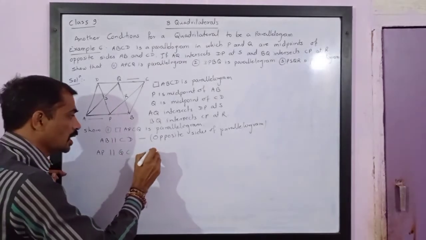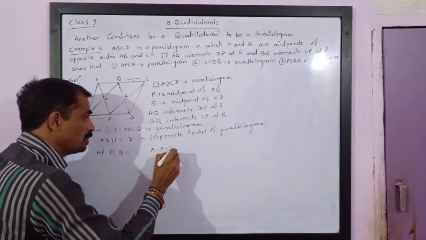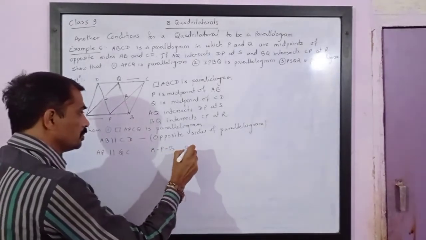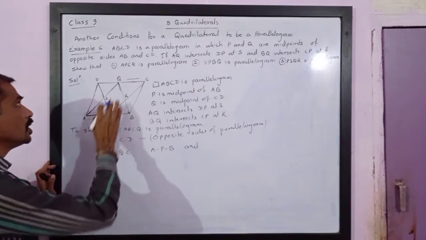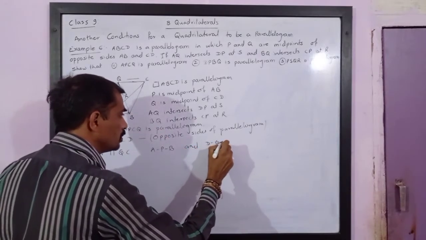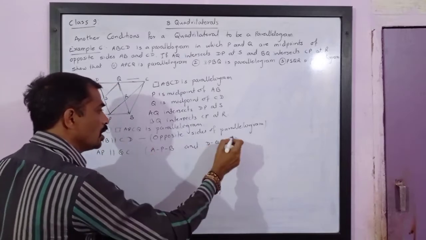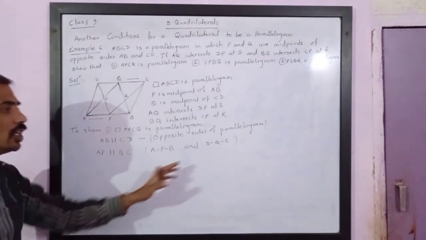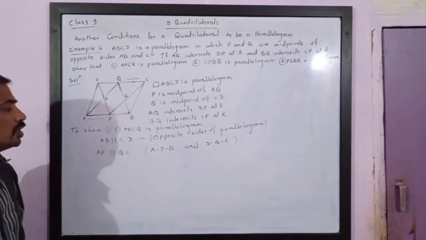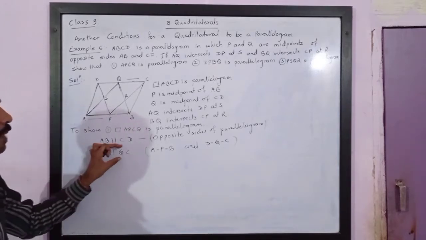Reason is P is between A and B and Q is between D and C. So AP must be parallel to QC.